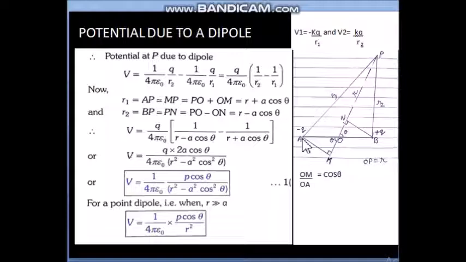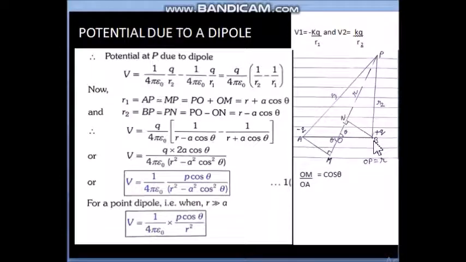Suppose we are finding the potential due to the first charge, minus q, at point P. Then we join the points AP. Suppose this distance is R1. So the potential V1 at point P is kq by distance, so k using the sign of the charge also: minus q upon the distance R1.